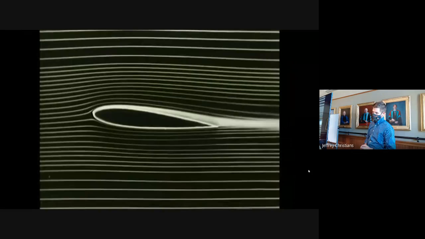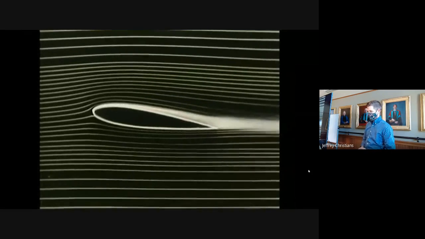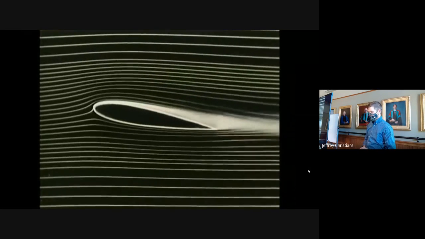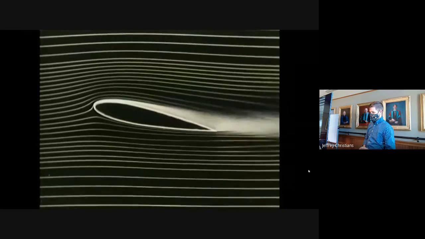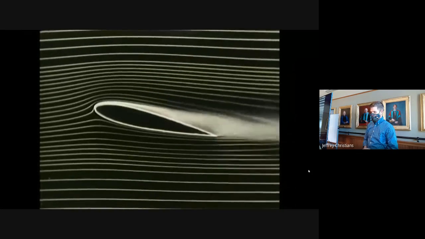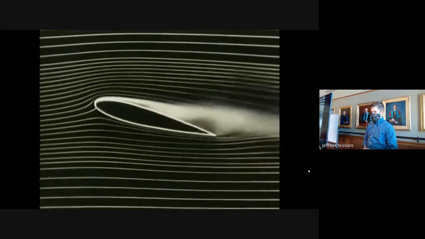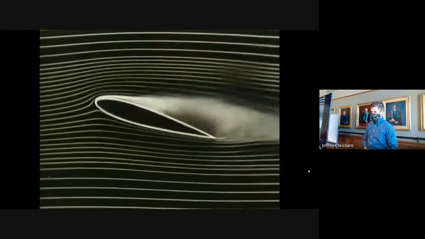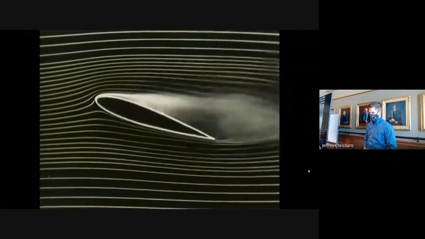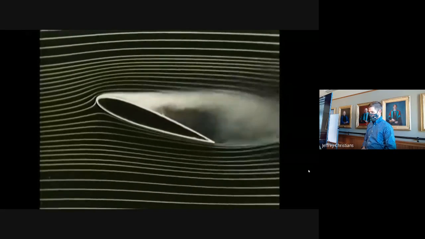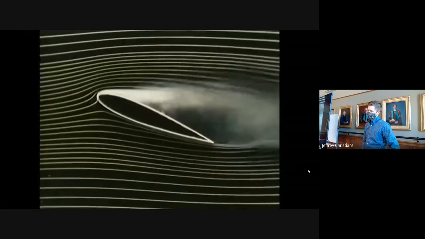As the angle of attack is increased, viscous effects become more pronounced. Pressure gradients imposed on the boundary layers become more severe, and separation occurs on the upper surface. Now the airfoil is stalled. A region of recirculating flow is formed over the upper surface of the wing.